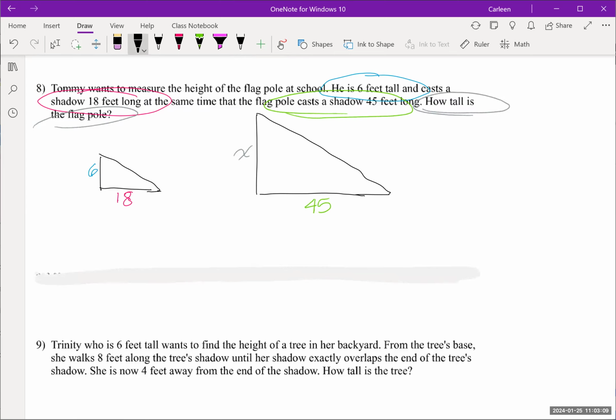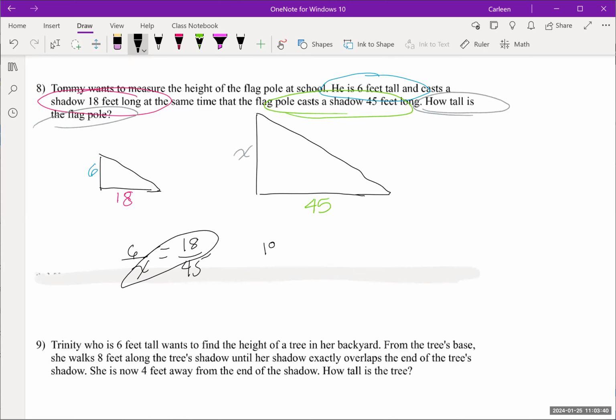Okay, write your proportion. There are 2 proportions that will work depending on it, but you got to be careful. Not every proportion will work. Shall we go small to big? Yeah, any proportion will work as long as the X and the 18 are across from each other.